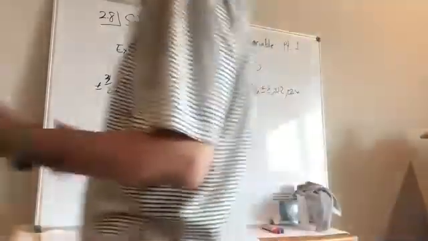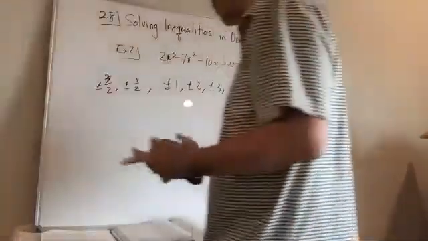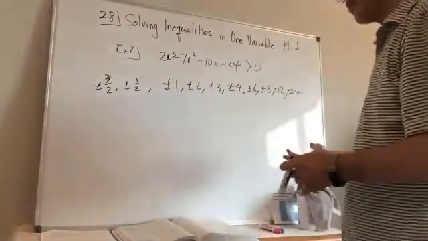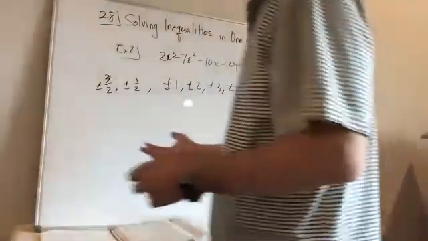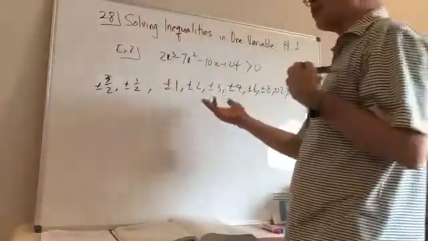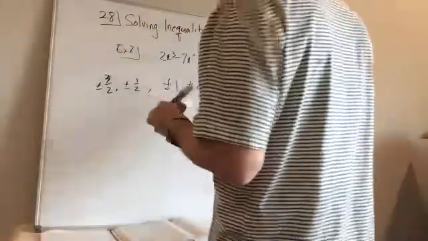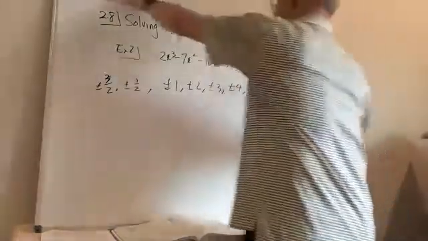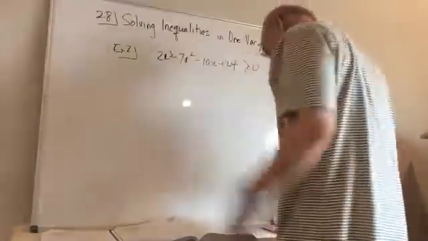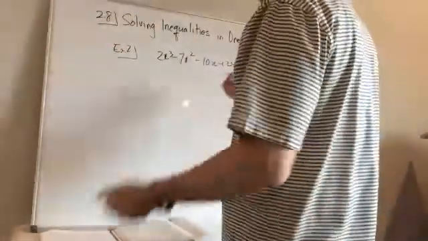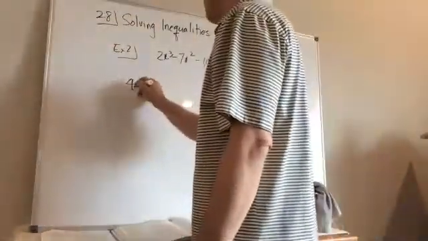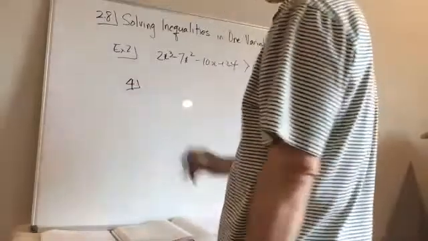So what did I tell you to do? If you end up with something like this, what is the way to go? How are you going to find this? Using a calculator? Yeah, use the calculator, plot it, and find out what it's supposed to be, right? And then go ahead and do the synthetic division. If I plot this on my calculator, I will find that it looks like 4 is one of the answers. So let's use 4 as our first thing in our synthetic division.